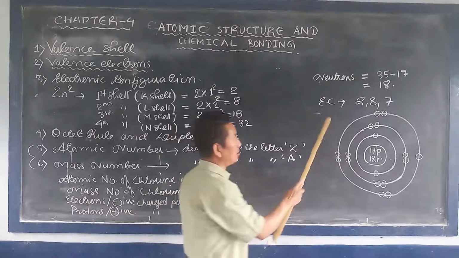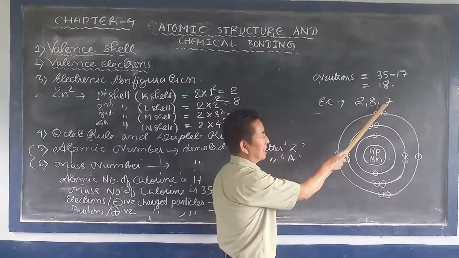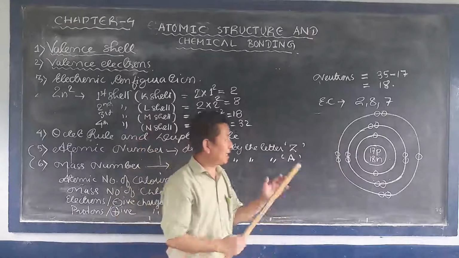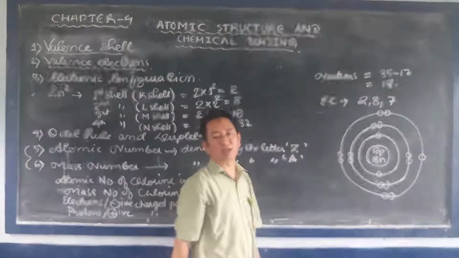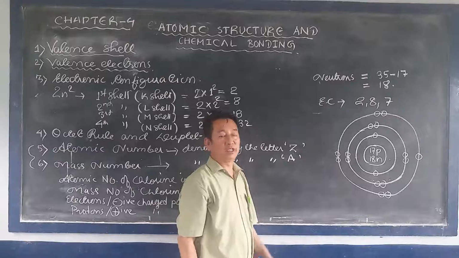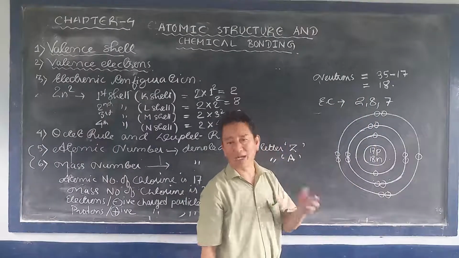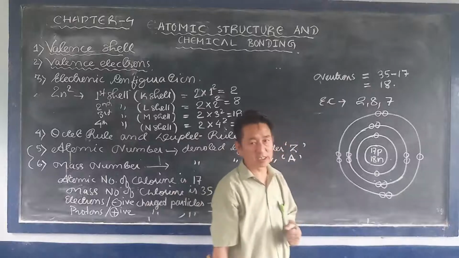As you can see here, the chlorine atom's outermost shell has 7 electrons, so chlorine is a non-metal. And it acquires the stable electronic configuration of the nearest noble gas, argon, by the gain of 1 electron. So its valency is 1.